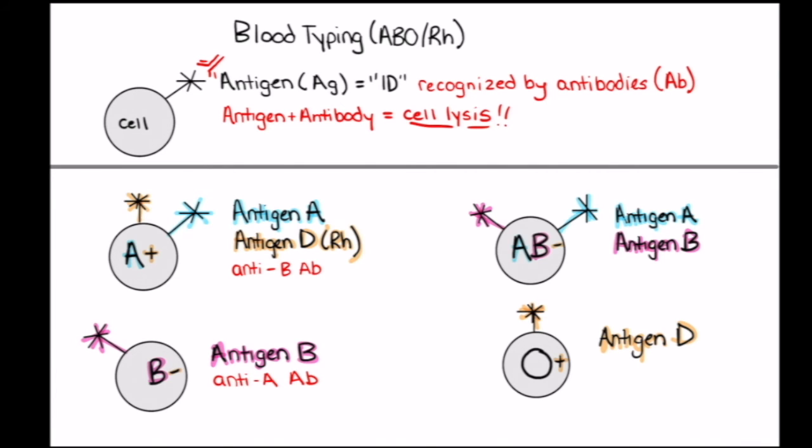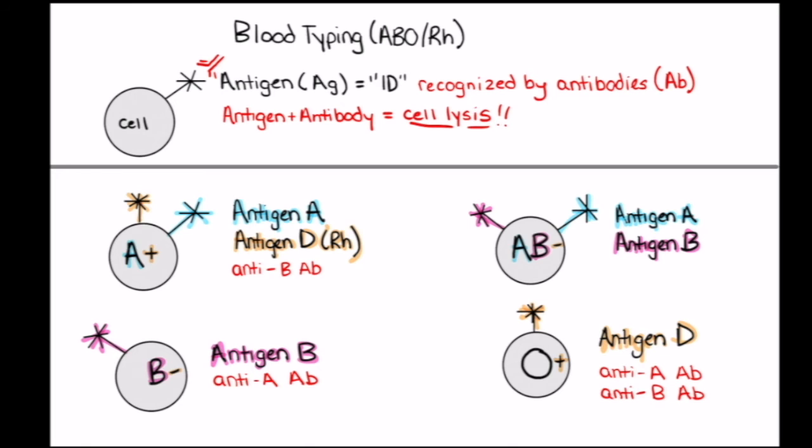An individual with AB blood who has antigens A and B would lack antibodies against A and B. And lastly, an individual with blood type O who lacks antigens A and B would produce antibodies against A and B antigens.